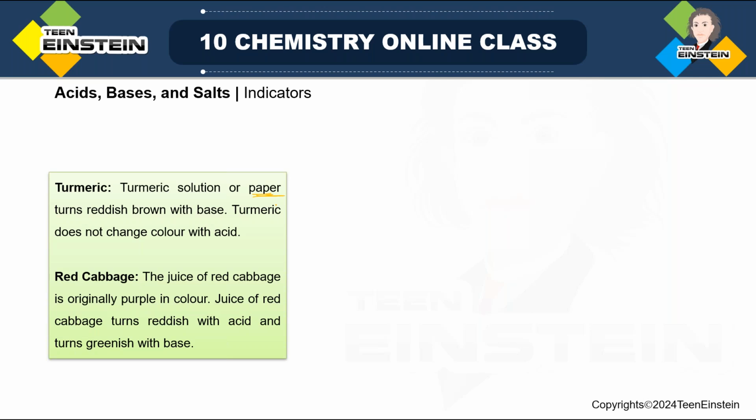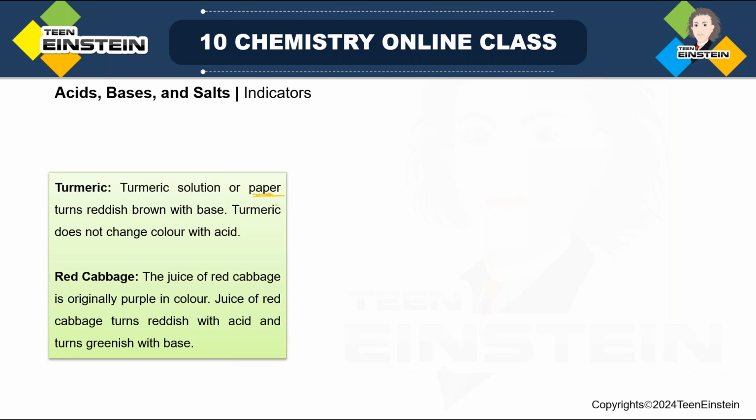Suppose sometimes on our cloth, if some turmeric, that is curry, by chance falls, there is a yellowish brown mark, right? And if you try to wash it with some detergent, you will see that the mark is converted to some reddish color, because in detergent there is some basic substance.